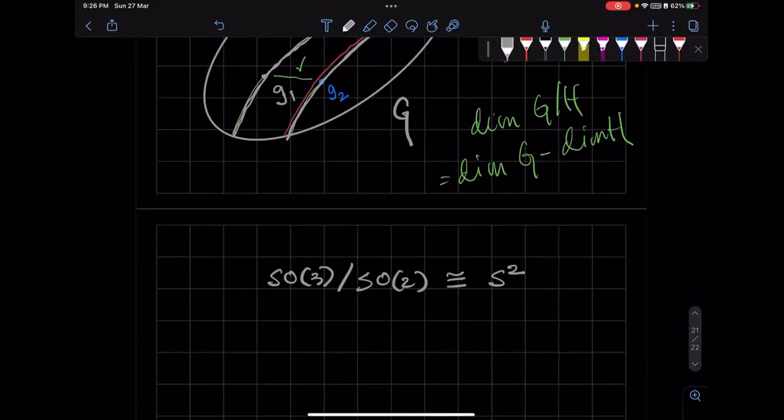And this is really what makes Lie groups so useful for studying symmetric spaces, because you can construct spaces with a high degree of symmetry from quotients of Lie groups. So we'll prove this in the next lecture.